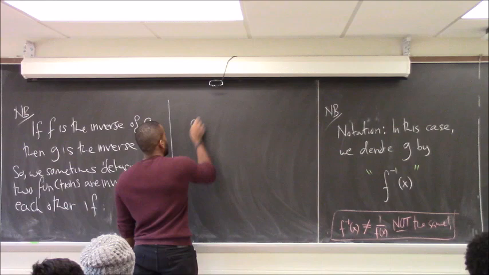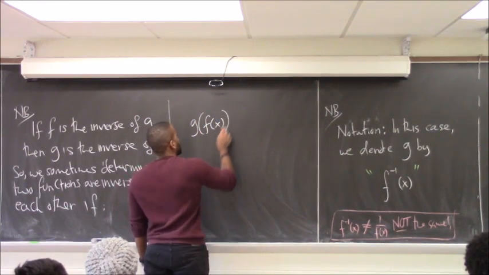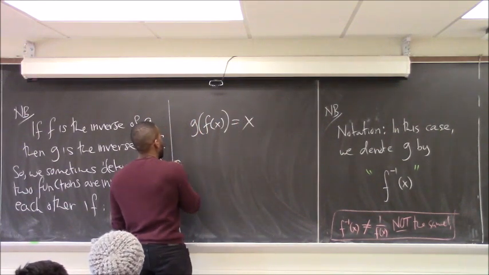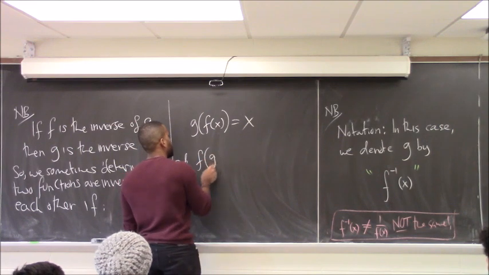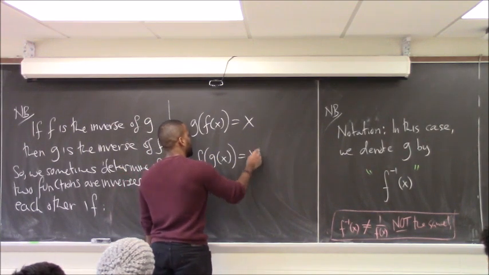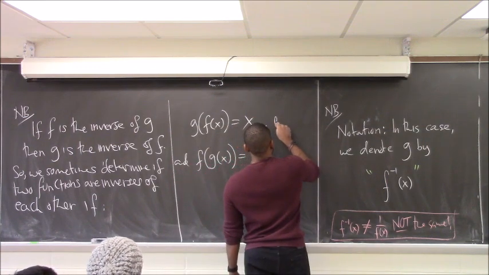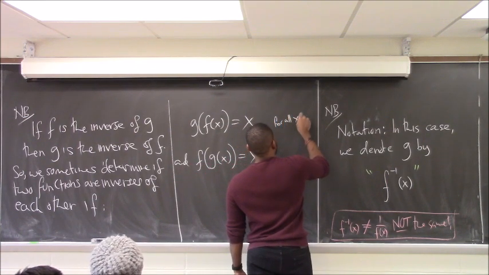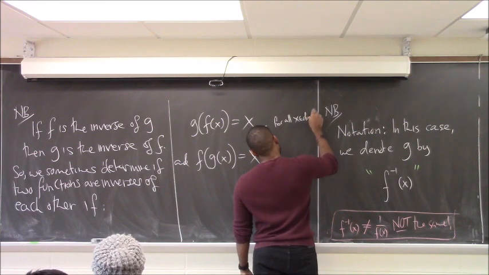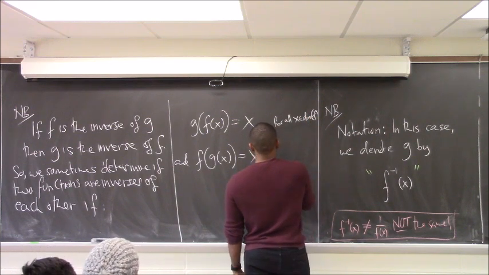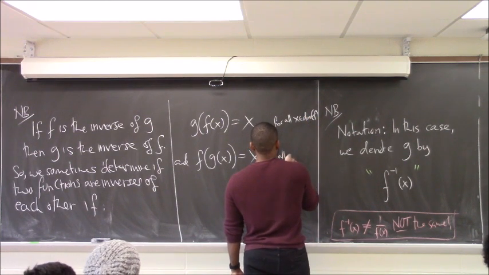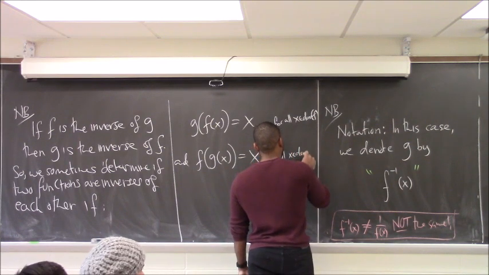If I take g of f of x, I should get x, and if I take f of g of x, I should get x. And in this case, it's for all x in domain of f. This case is for all x in the domain of g.